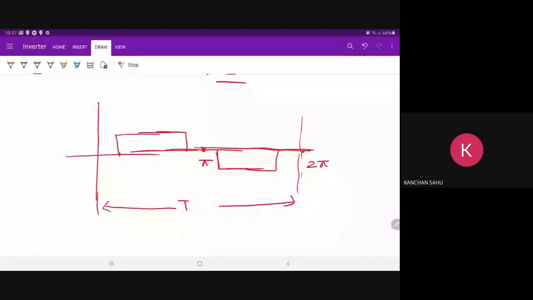Each one conducts for 120 degrees, and in the negative half cycle it conducts for another 120 degrees. Clear? So how much is this? 5 pi by 6, or 11 pi by 6. This is 11 pi by 6. Agree?